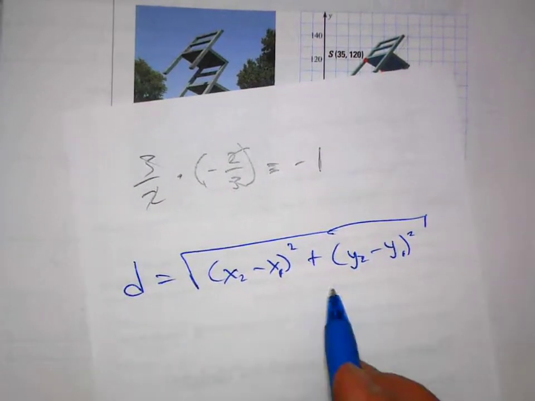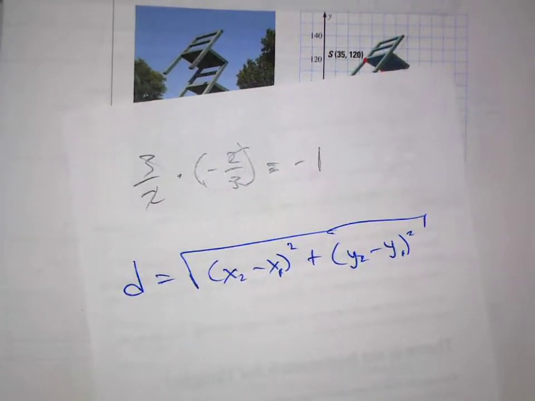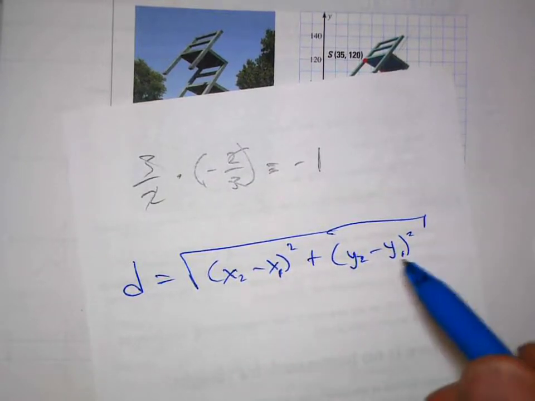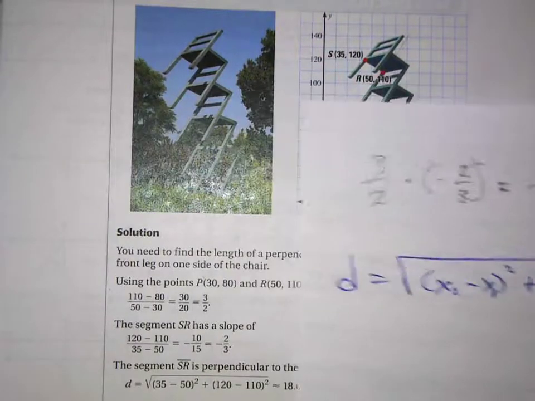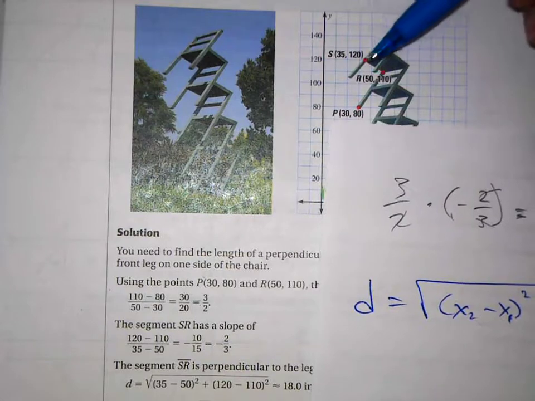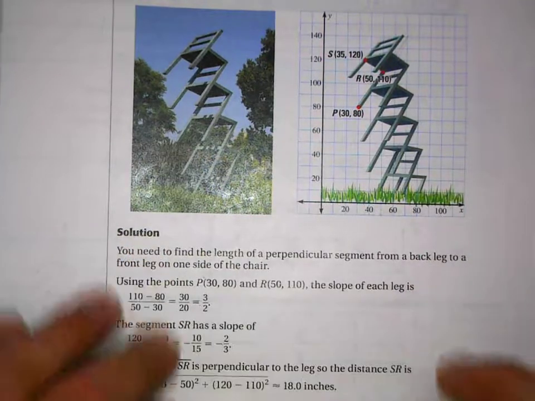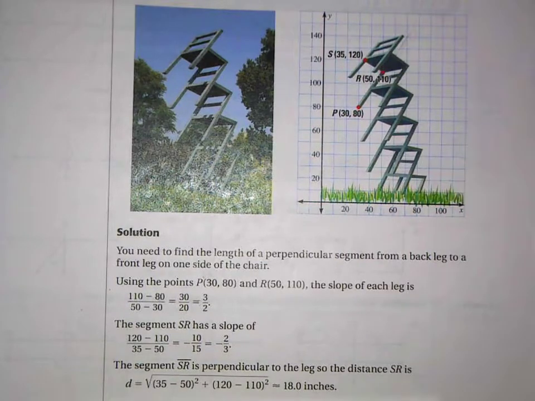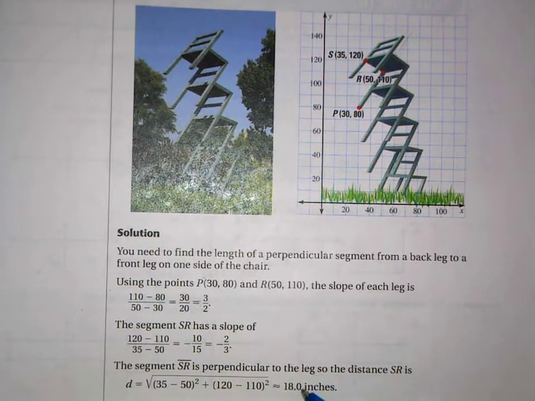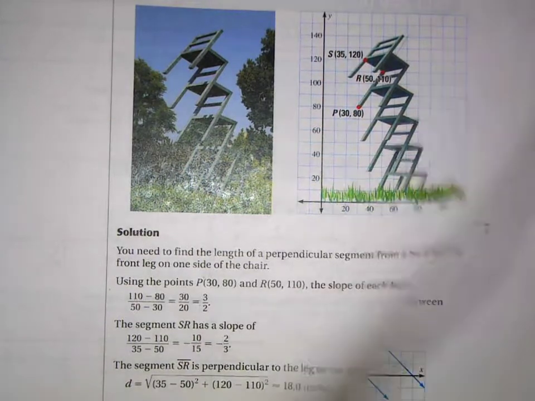Because of the cumulative test coming up, which covers all of chapters 1, 2 and 3, remind yourself of the distance formula. That's what they've done here using these 2 points, just plugging them into the distance formula, and they got an answer of approximately 18 inches. And I think that's it.